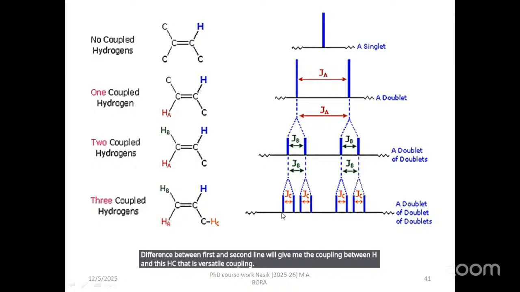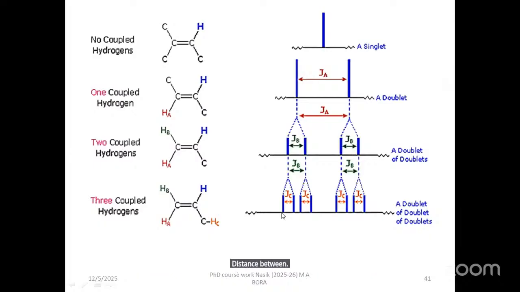The distance between the first and third line will give me the cis coupling, and the distance between the middle of these two doublets and the middle of these two doublets will give you the coupling constant between H and A, that is the trans coupling. So this is how a spectrum becomes complicated when second order splitting is observed.